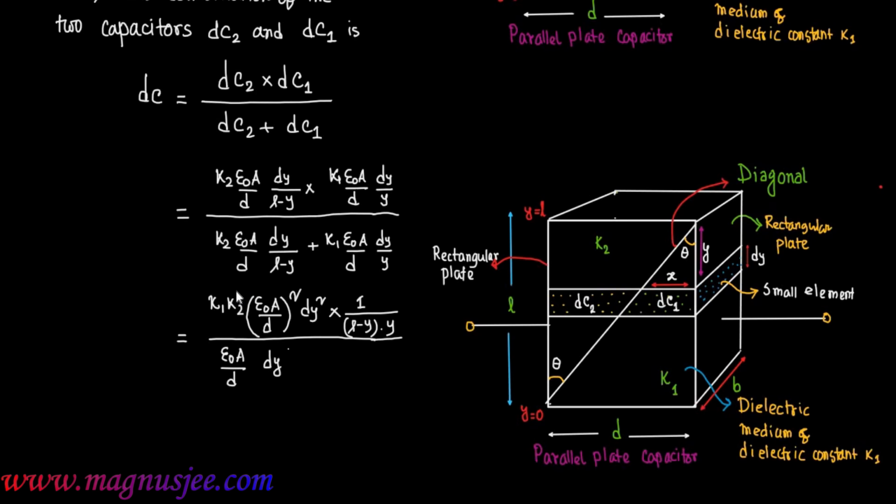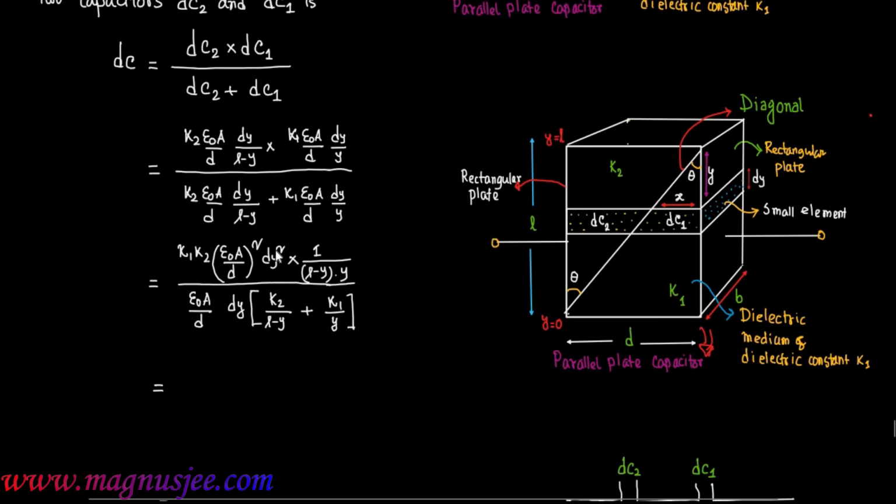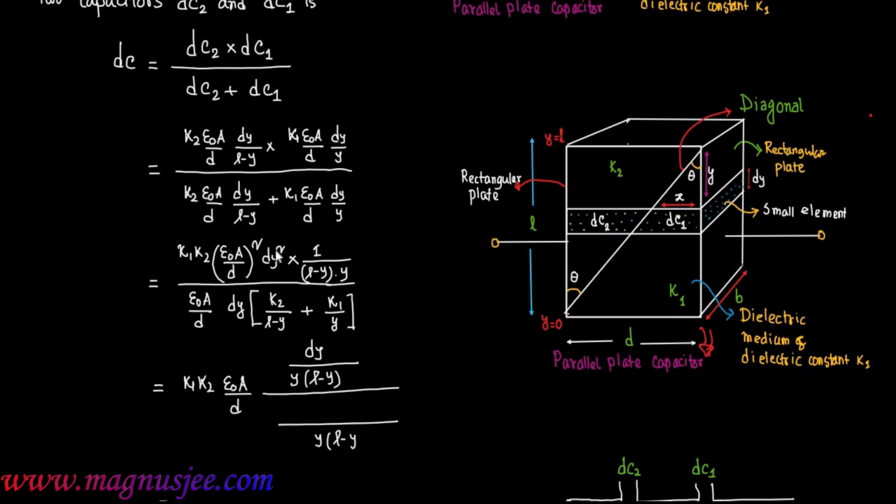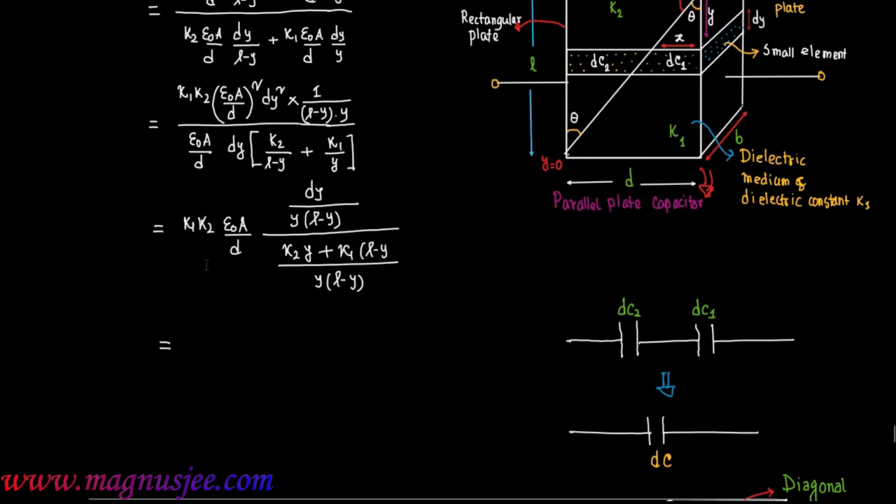In the denominator, epsilon 0 A by d into dy, bracket opened, K2 divided by (L minus y) plus K1 by y. This is equal to K1 K2 epsilon 0 A by d into dy divided by y into (L minus y), divided by [K2 y plus K1 (L minus y)].